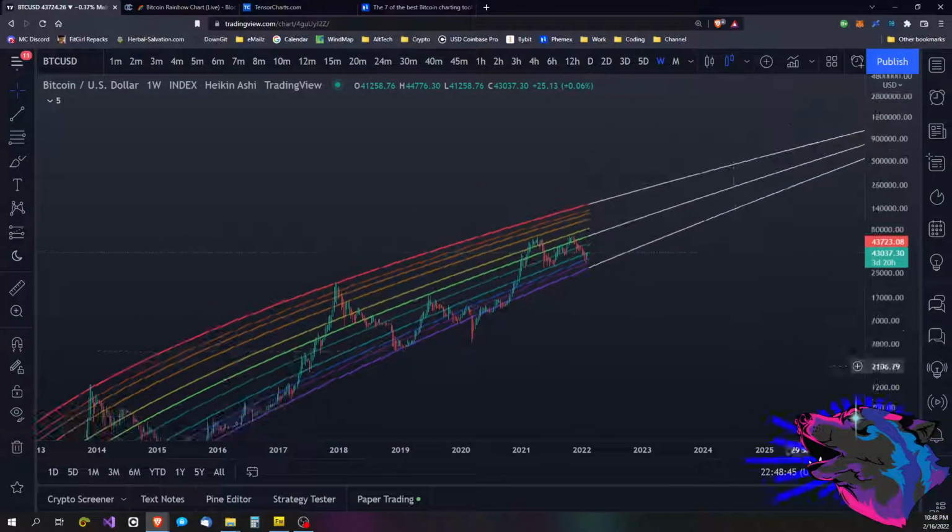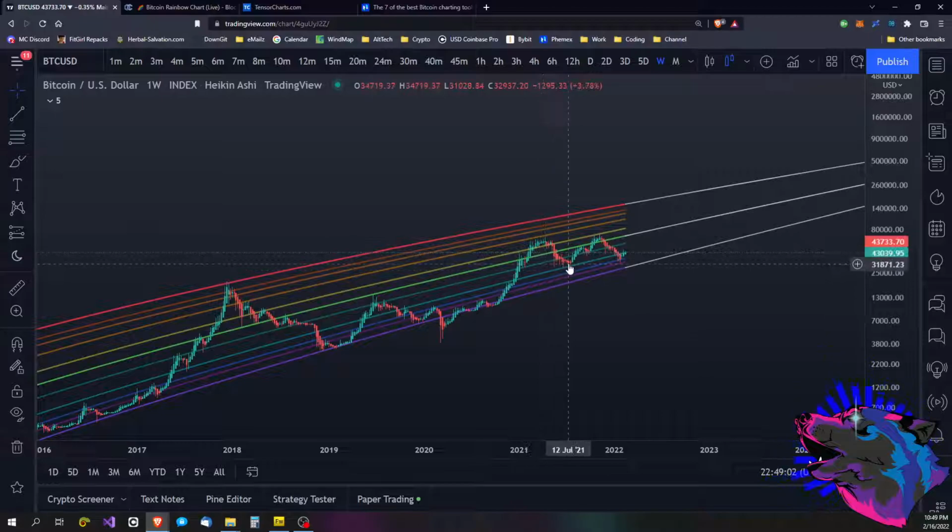But if we were to break below here, we wouldn't necessarily be in uncharted territory, but we'd be in a negative price discovery area, because we have just a lot of straight movement right here, not a lot like here. You could say we have some support here, some support there.